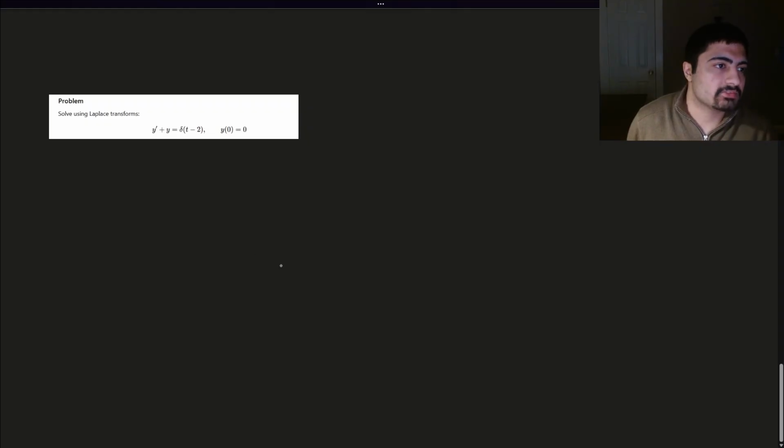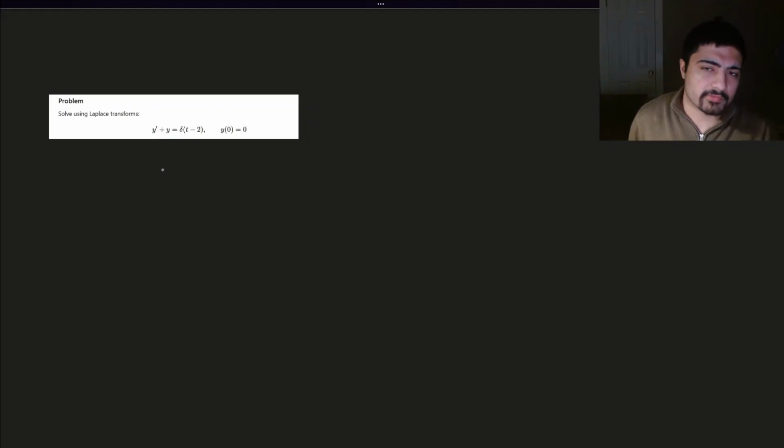Now let's solve this very good Laplace problem. Initial value problems with Dirac delta functions in differential equations or Calculus 4 should look pretty much like this. You're mostly expected to know the Laplace of Dirac delta functions.